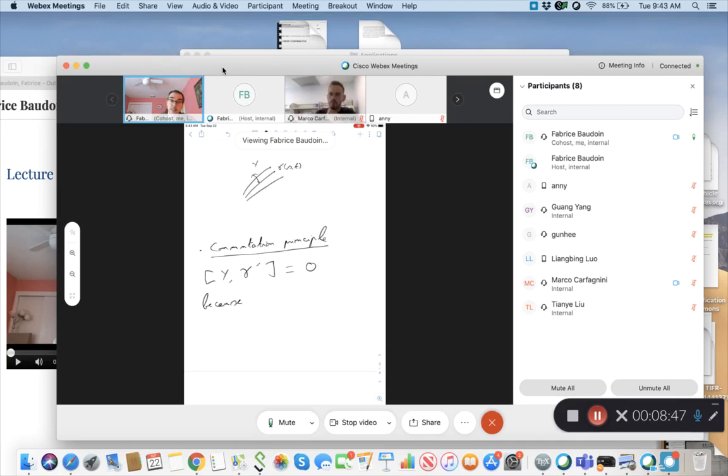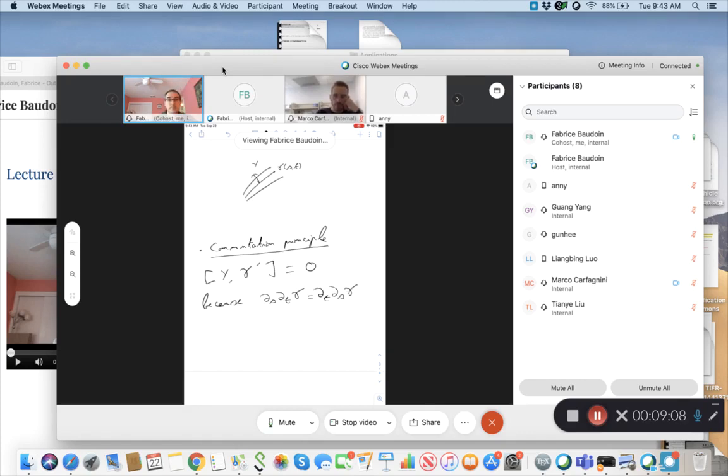We write it geometrically in terms of the vector fields, the variation field and the velocity field, as a commutation of y and gamma prime, because ds dt of gamma is equal to dt ds of gamma.